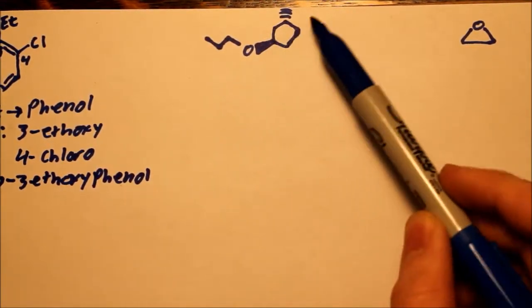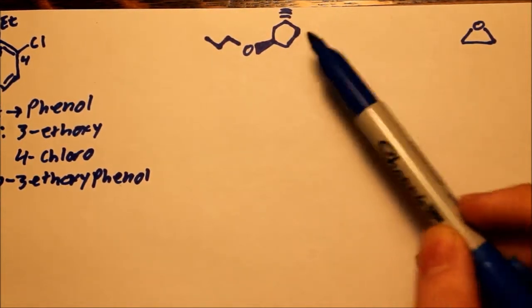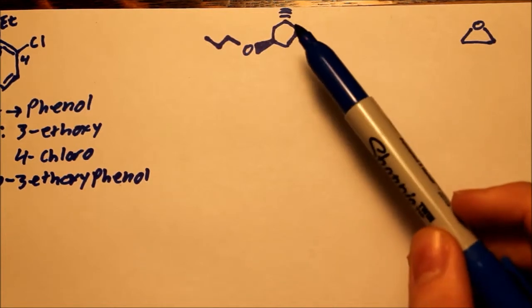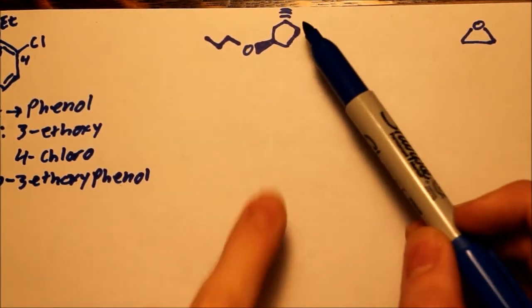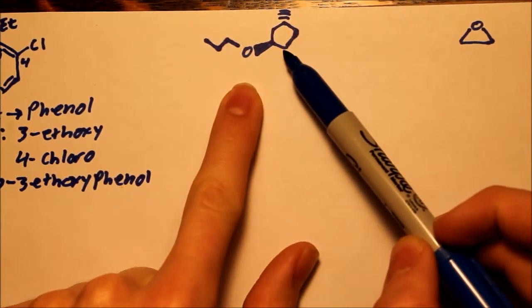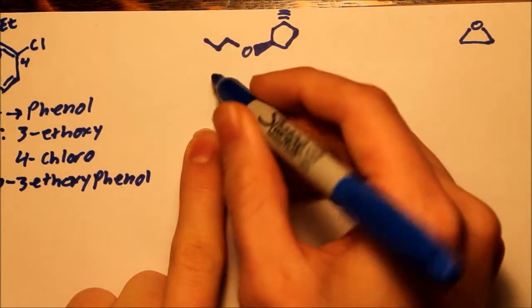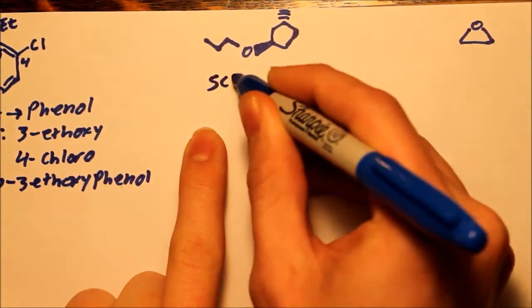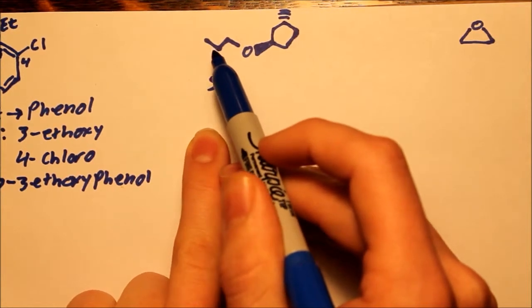And I know this is drawn a little bit poorly, but this is a methyl going off with a dash. So not out of plane, it's going into the plane. This is coming out of the plane. So right away we can tell that this is our larger, bulkier group. This is our short chain, less substituted, less bulky. So short chain we can start with is 1, 2, 3 carbons.